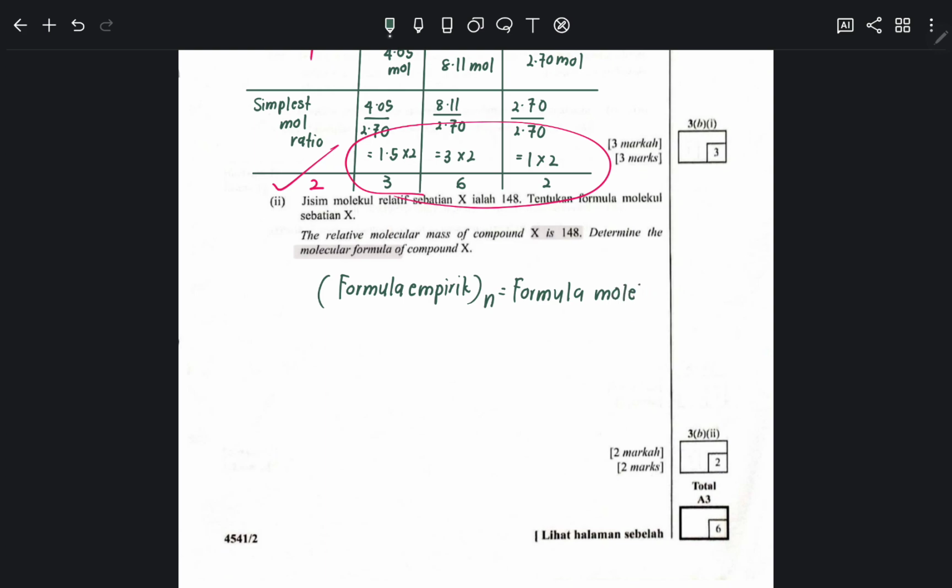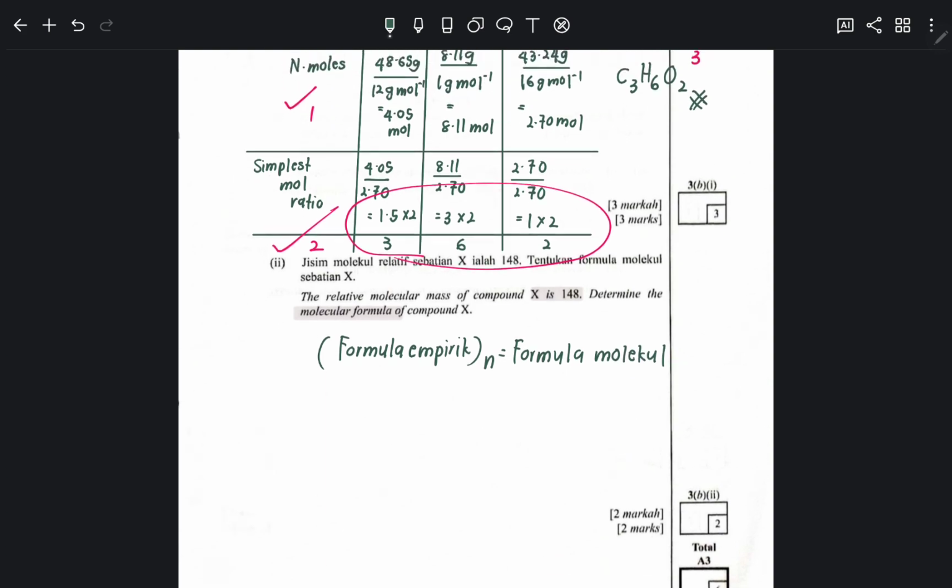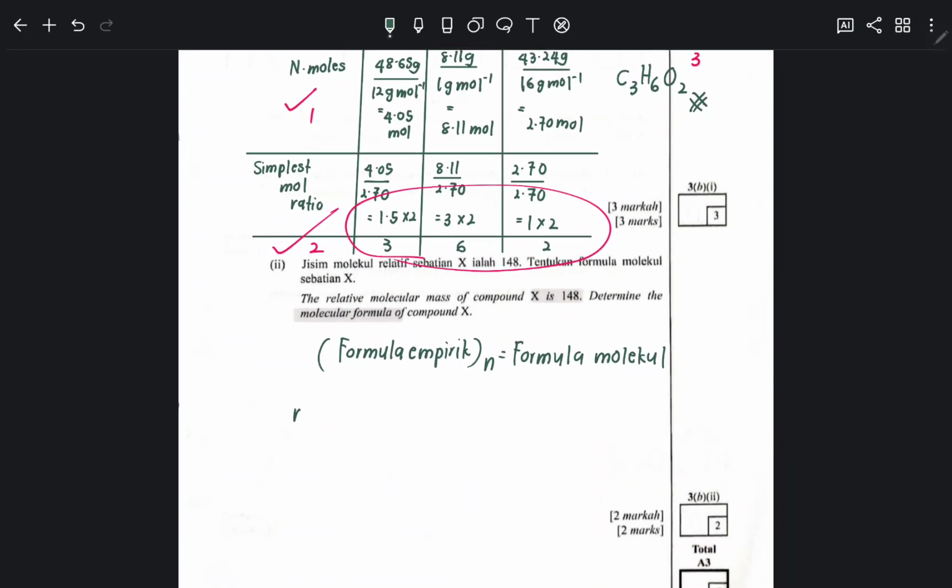Okay, then what do you have to do? Insert your empirical formula. So n goes in front: 3 times 12, times its molar mass. Hydrogen has 6, times its molar mass. Oxygen has 2, times 16.